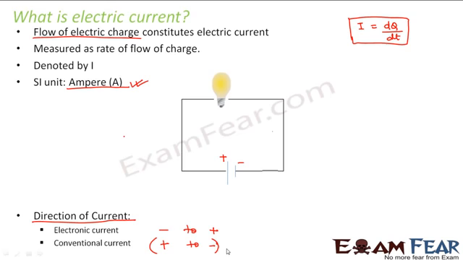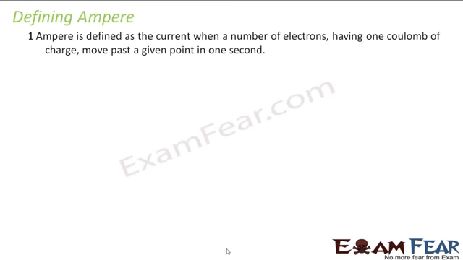That is the direction of conventional current. So what is current? It is nothing but flow of electric charge, or we can say flow of electrons. It is measured as the rate of flow of charge. It is denoted by capital I. SI unit is amperes. And the direction of conventional current is from positive terminal towards the negative terminal.